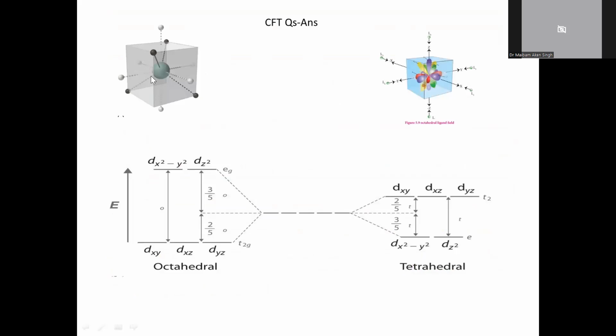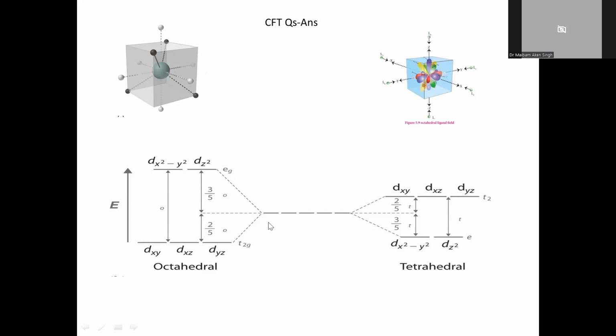And this is the three-dimensional view of the tetrahedral and octahedral. This one is octahedral, and this one is tetrahedral. The dotted lines represent the three axes X, Y, Z. But the orientation of tetrahedral and octahedral is different.